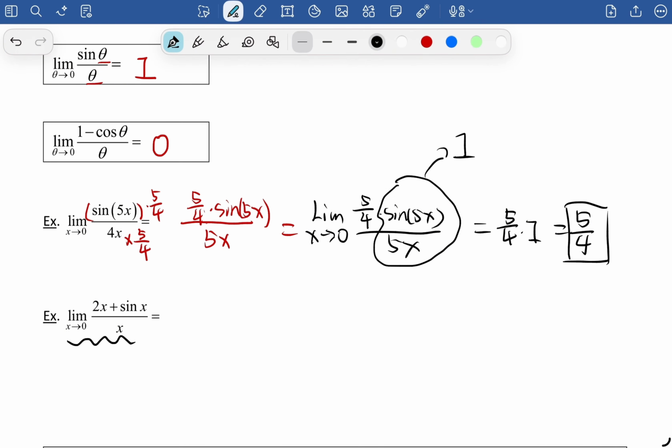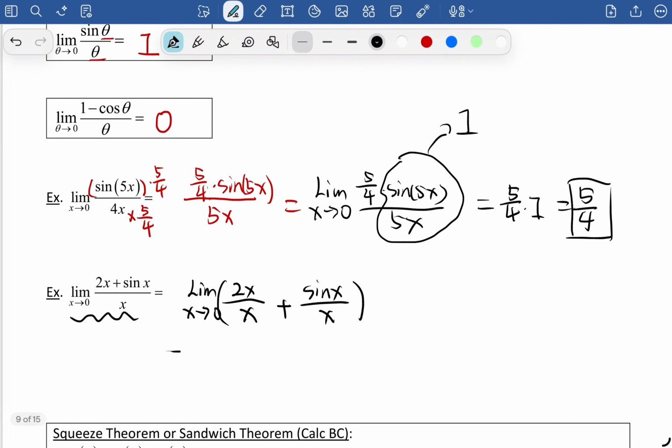What about this one? We can use the limit property. Let's split the function up. We can get 2x divided by x plus sine x divided by x, and we can split them up.